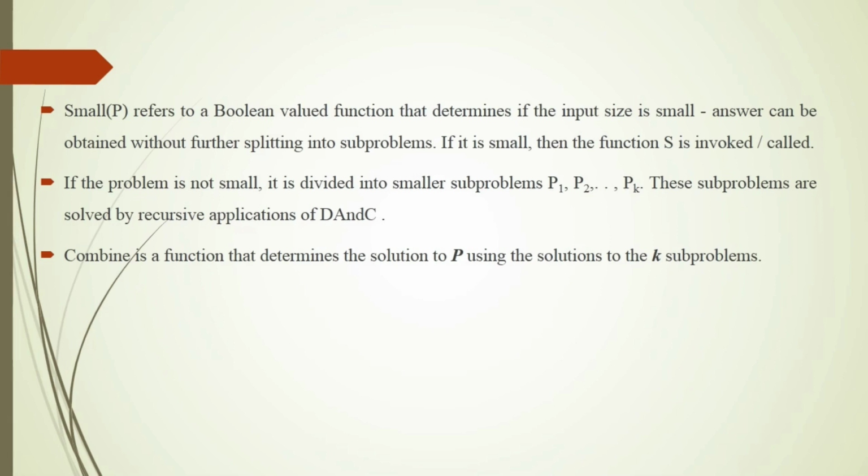These subproblems are solved by recursively calling the same algorithm DAndC to get the solutions to the different subproblems. Here combine is a function which determines the solution to P, wherein you combine all the solutions of the k subproblems.